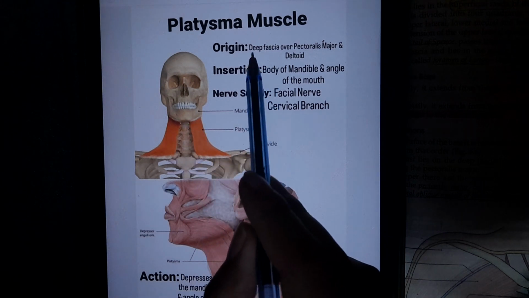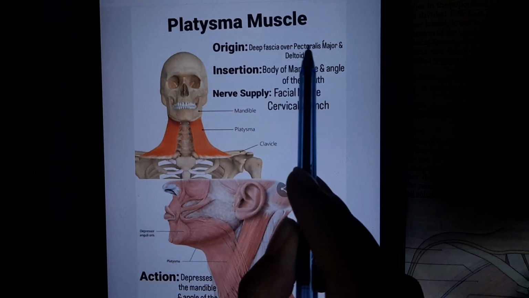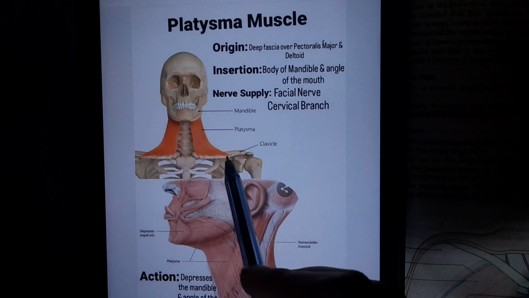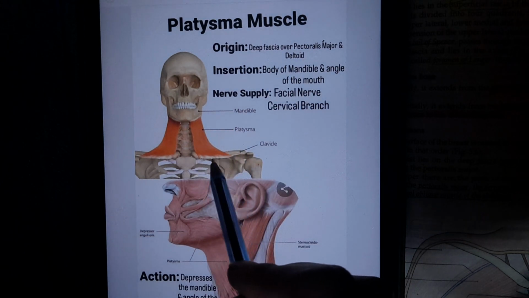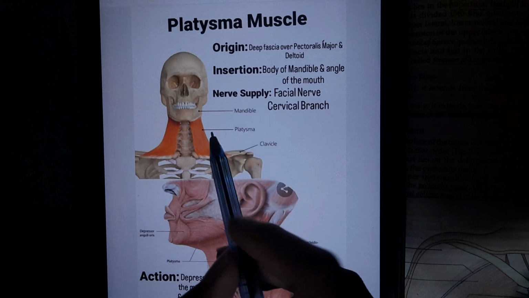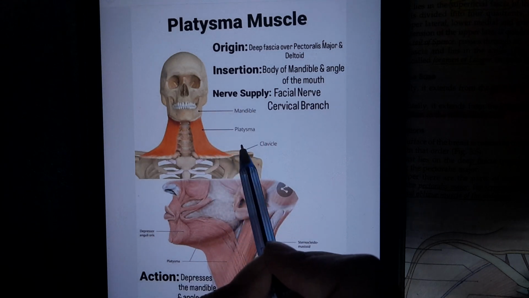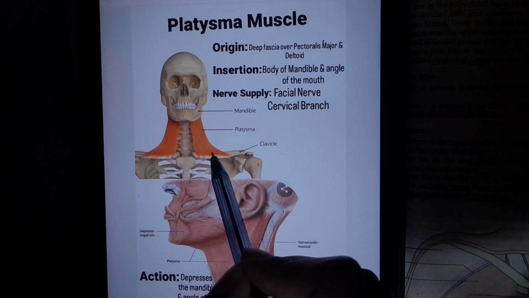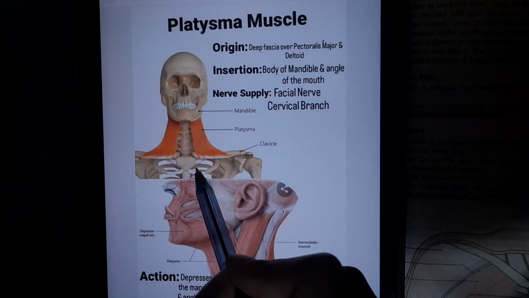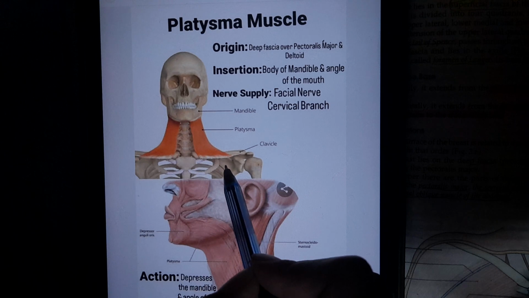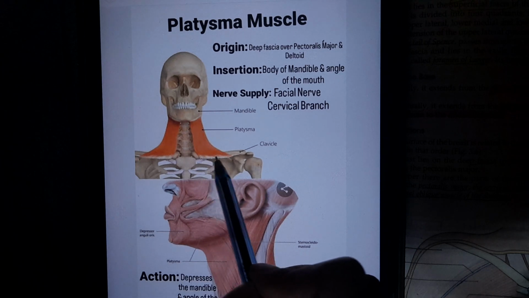Then it is from the deep fascia over the pectoralis major. Rather, the main thing over here is the deep fascia, which is connecting here. Main origin is from the clavicle, but the secondary origin is from the deep fascia covering your pectoralis major muscle.